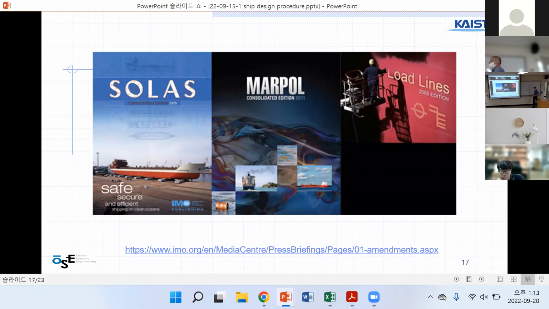So freeboard is a margin for safety, and it is regulated by a safety organization or regulatory body. It is very similar to a truck. A truck has a written value for its loading condition, the maximum cargo it can carry. Very similar to this load line.